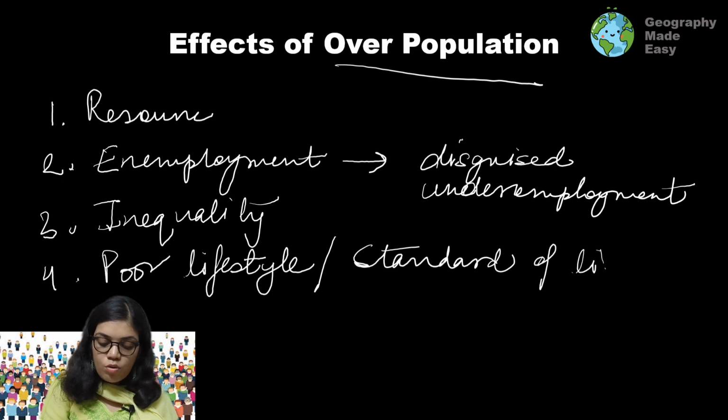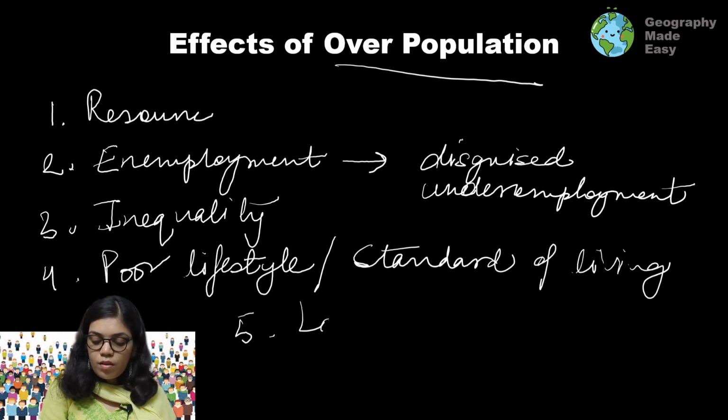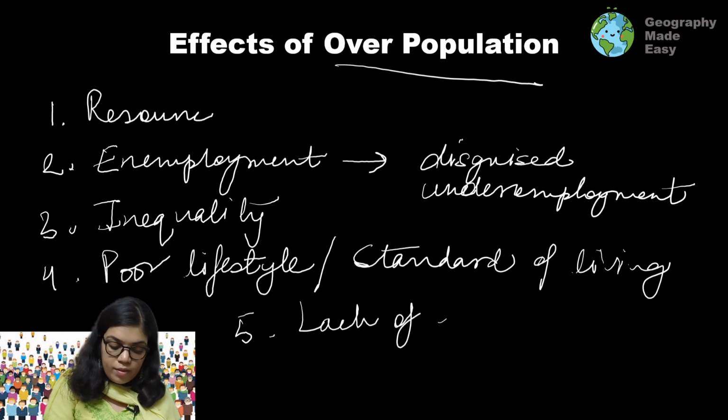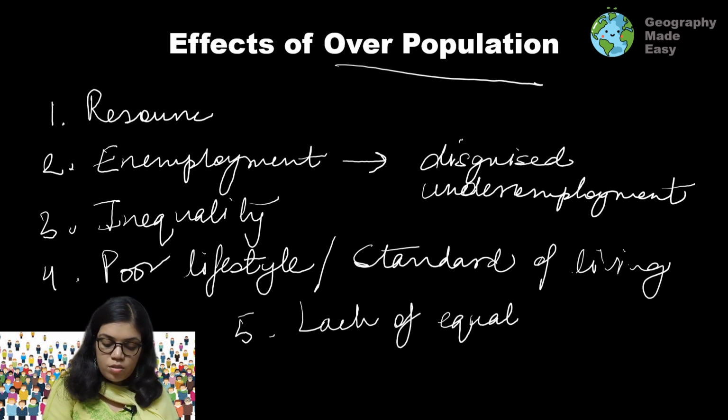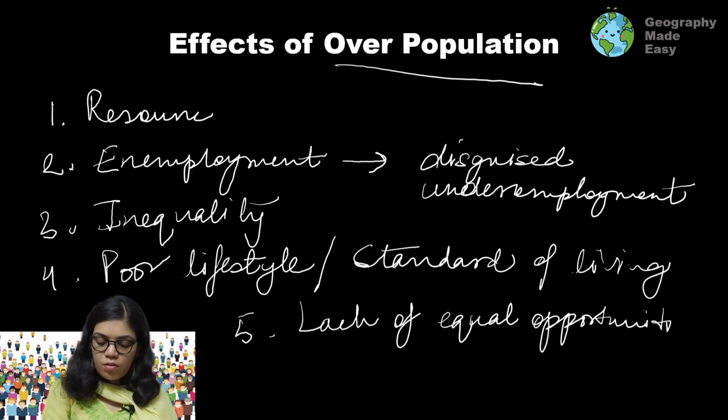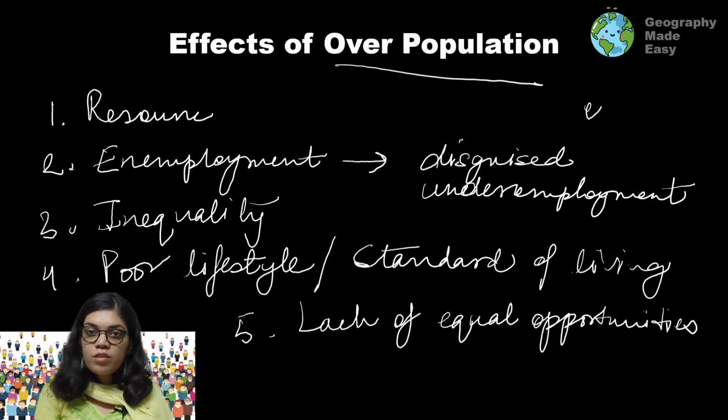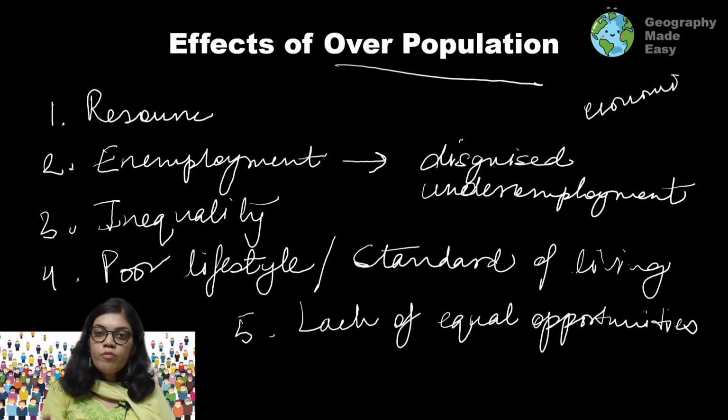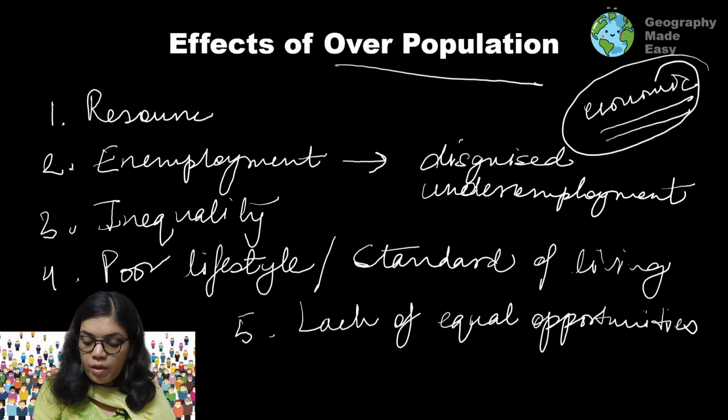That is also because of high population and lack of equal opportunities. So we see that there is a lack of opportunity for the population. All of these are mostly the economic effects of overpopulation.